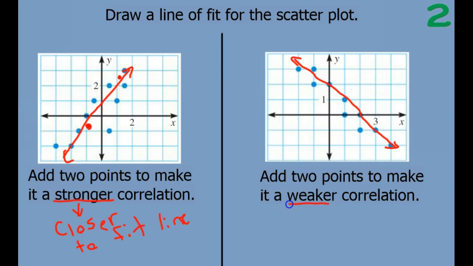Here it says weaker correlation. So if stronger is closer to our fit line, weaker is going to be farther away from our fit line. So we could draw a point out here or here. These are far away from our fit line. They really make no sense in our graph here. So that would make it a weaker correlation.